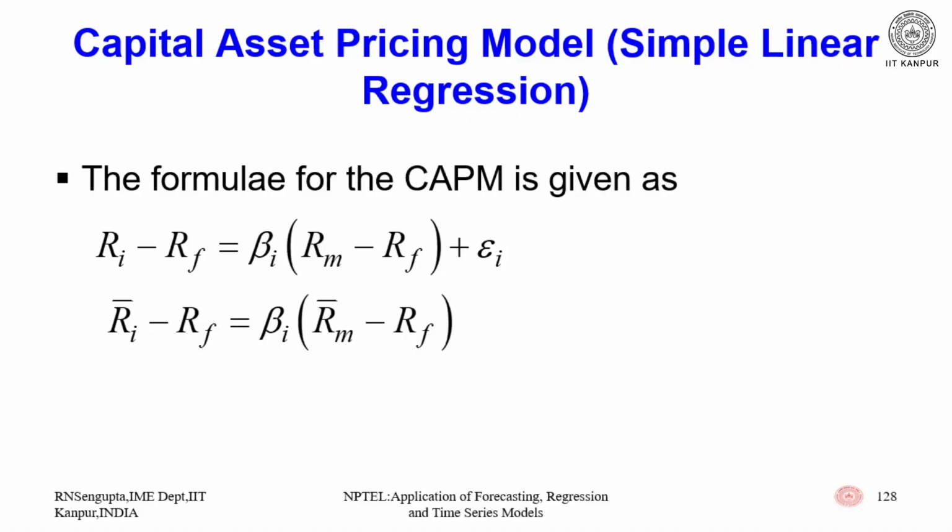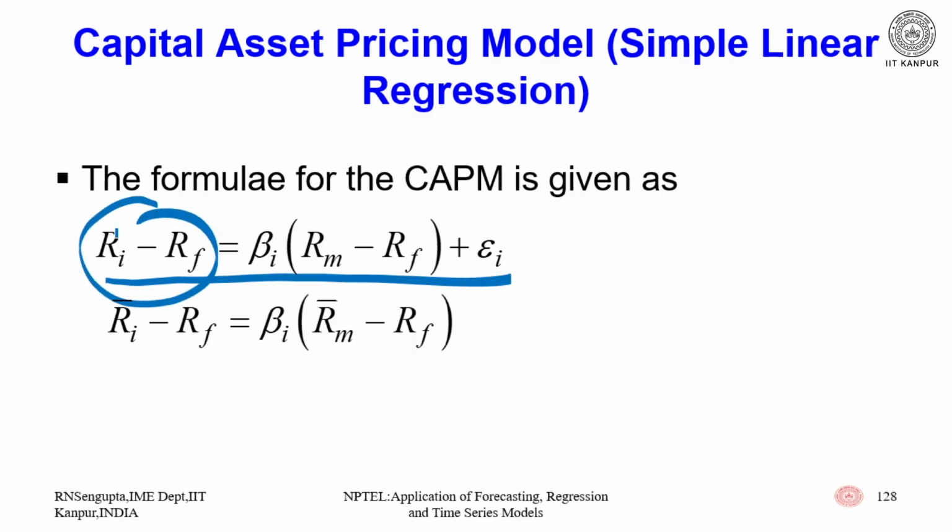So, if people are aware, in finance we use the capital asset pricing model, CAPM, and the actual formula for which is given by this, which is a sort of simple linear regression. So, this can be termed as y, on the right hand side this term can be denoted as x, and this term is basically the beta.